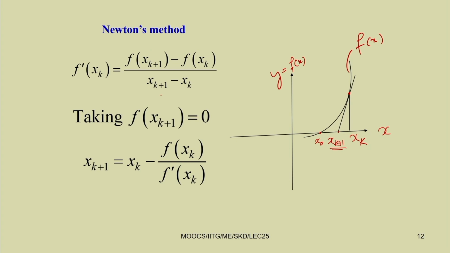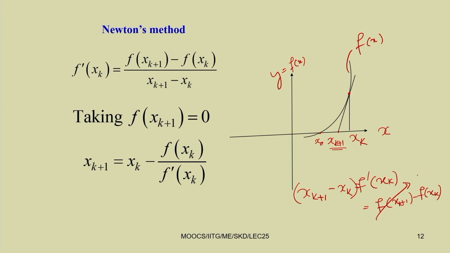So, we can write xk plus 1 minus xk will be equal to, since we put this value equal to 0, this into f dash xk, which is nothing but f xk plus 1 minus f xk.